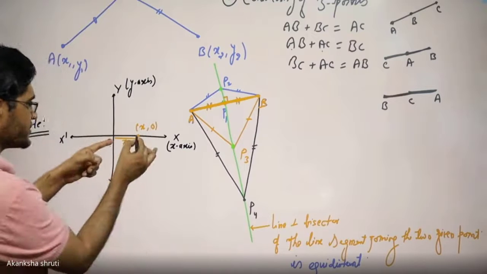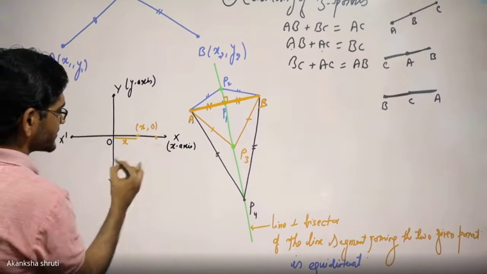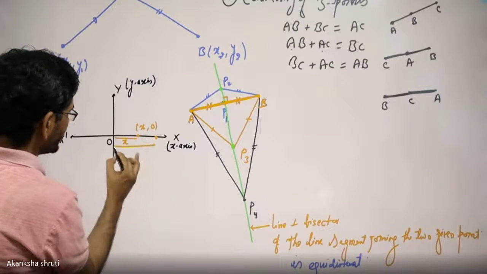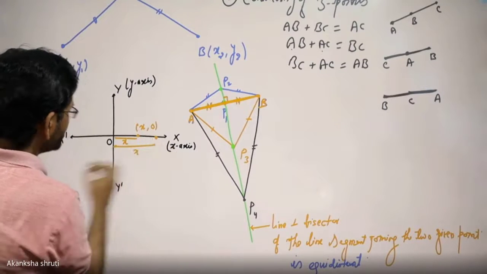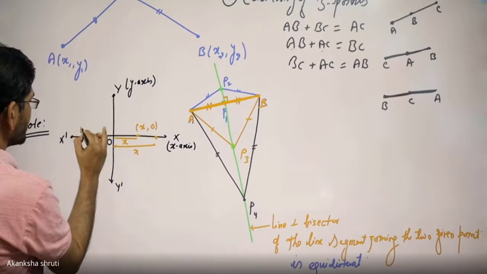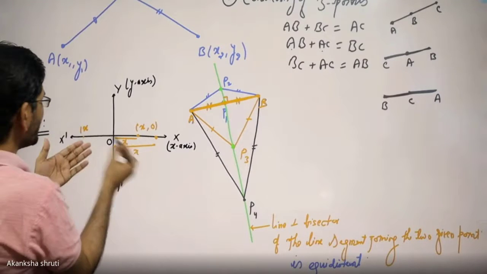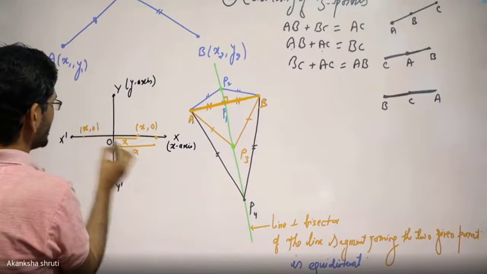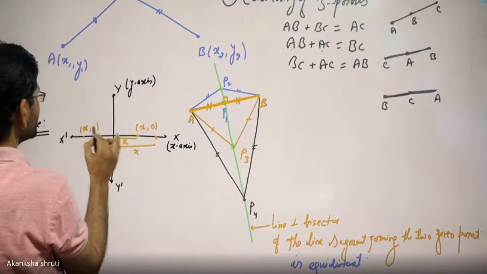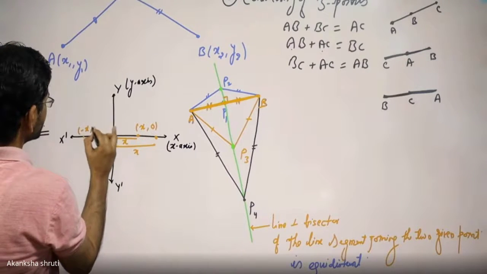Whether this point is here or here, if we are considering this point, this much will be our x, but y is 0. Even if we are considering this one, this will be minus x0, or we may take x0 and on calculation we will get this as negative. So we may consider minus x0.